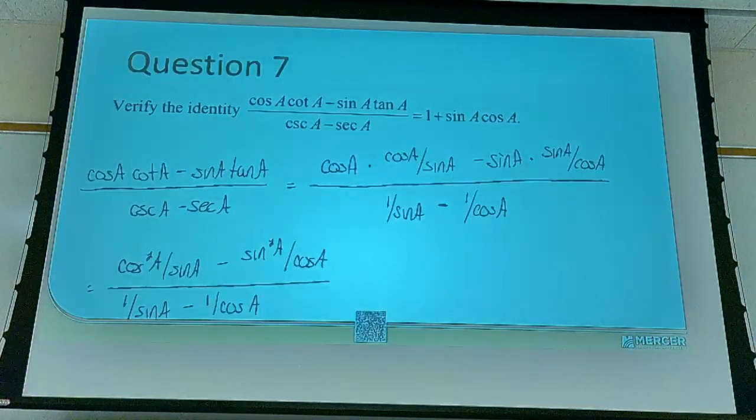So go term by term. How many fractions? There's 4 total terms, right? Start the numerator, left-handmost term. What is that denominator? Sine. All right, second term, what's the denominator? Cosine. Third term, what's the denominator? Sine. Fourth term, what's the denominator? Cosine. What's the least common multiple of sine and cosine?